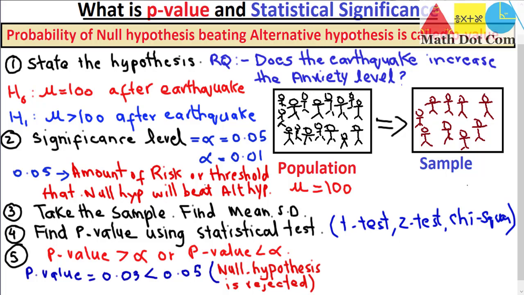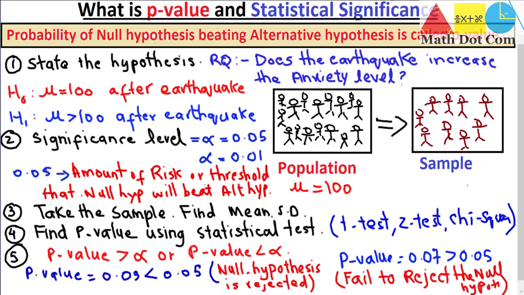So if in case we have a p-value equal to 0.07, that is greater than 0.05, then what will be the result in such a case? In such a case, we cannot say that the null hypothesis is accepted. We will say that we fail to reject the null hypothesis.